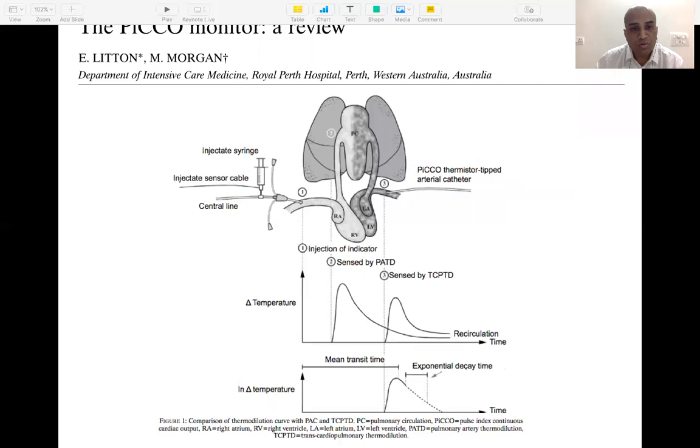In case of LiDCO, it's a lithium solution, which is injected into the superior vena cava and sensed by a distal sensor present in the arterial catheter. From the mean transit time and exponential decay time, we can measure the cardiac output. Presently, we are using PiCCO in terms of EV1000 from Edwards.